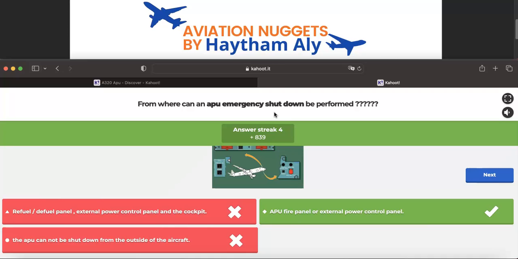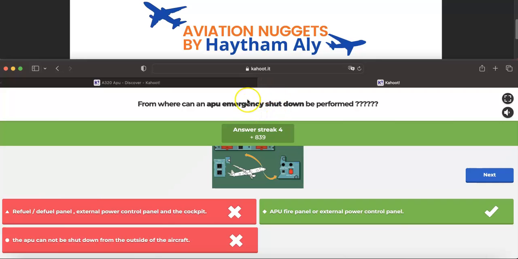So again, the difference between normal shutdown and emergency or automatic shutdown is that there is no cool down cycle in an emergency shutdown or automatic shutdown.